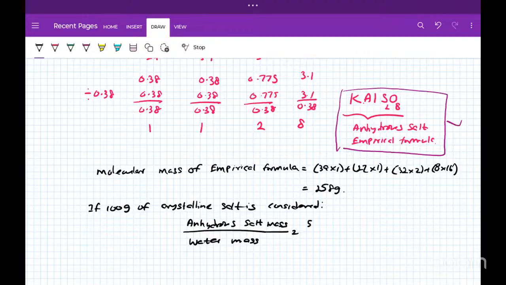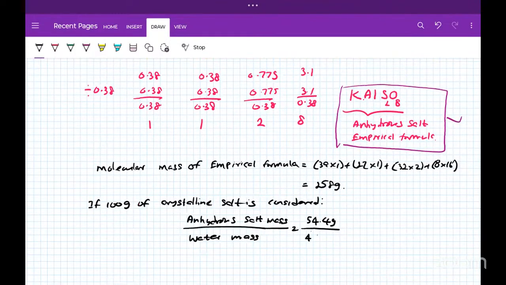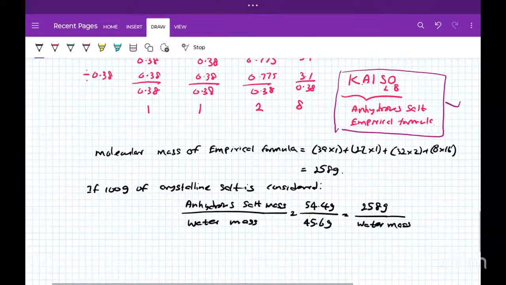Is equal to 54.4 grams divided by 45.6 grams. The same should be equal to anhydrous salt, that is 258 grams divided by water mass. Because in here also that ratio should be adhered to, same salt, right?